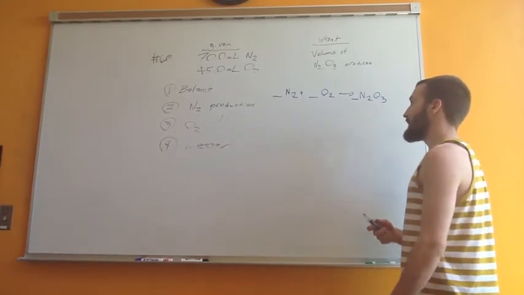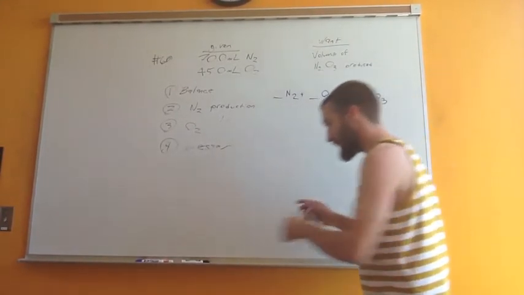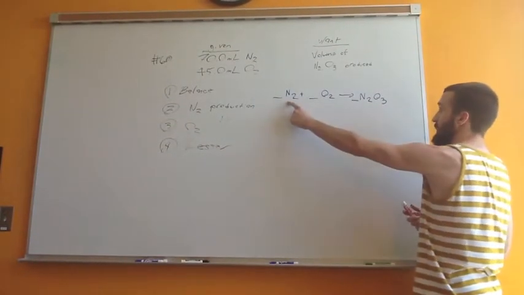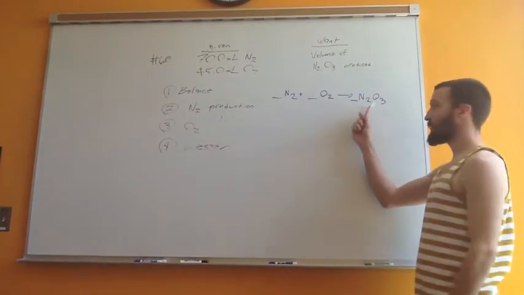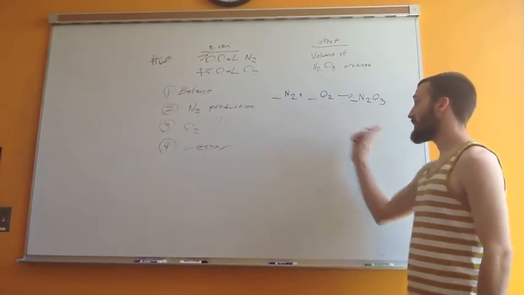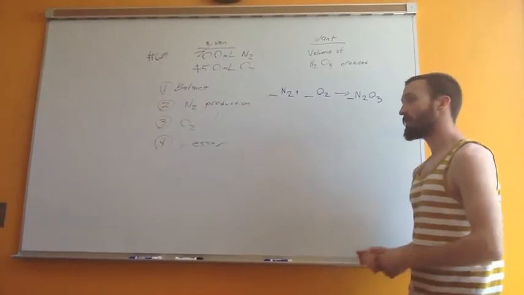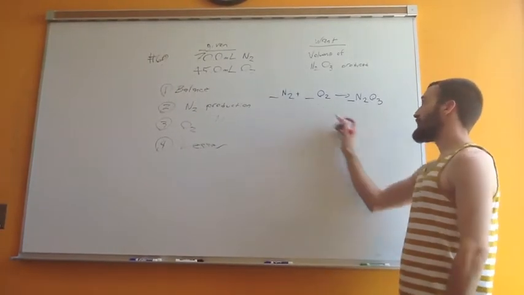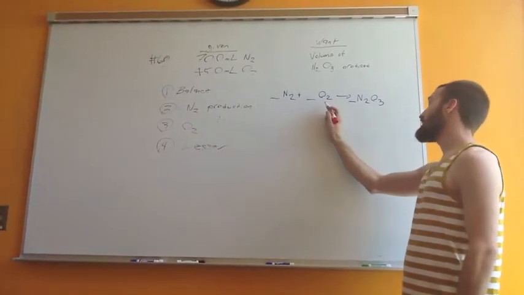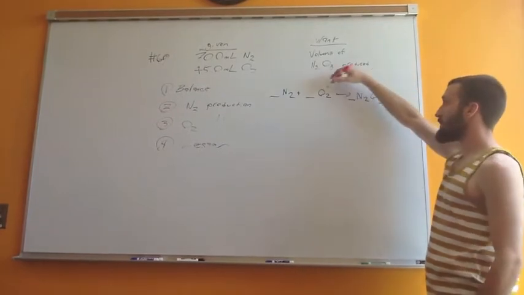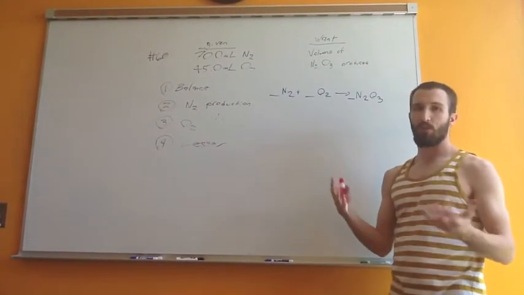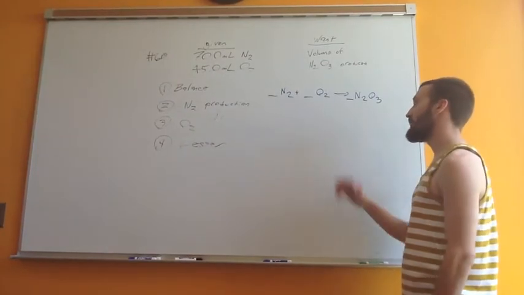So we look at this and we can see that there is already N2 on both sides. Whatever number is applied to the right-hand side is automatically going to be applied to the N2 on the left-hand side, so we can keep that in mind. In order to balance the oxygen, we see that we have 3 oxygen here and 2 oxygen here. The smallest number that those can multiply to is 6.